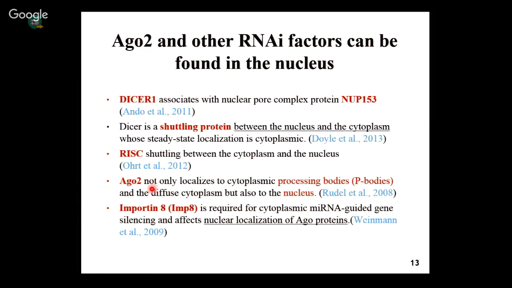AGO2 is not only localized in the cytoplasm, but also in the nucleus. And importin 8 is required for microRNA-guided gene silencing and affects the nuclear location of AGO proteins.